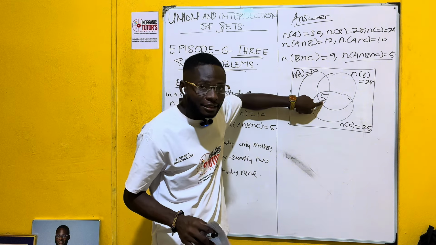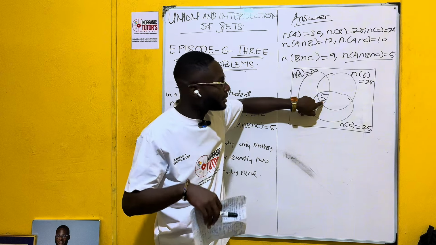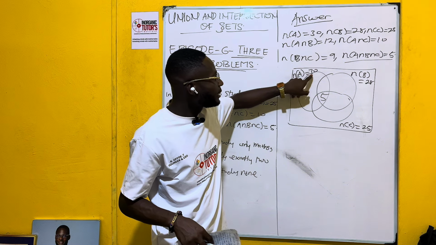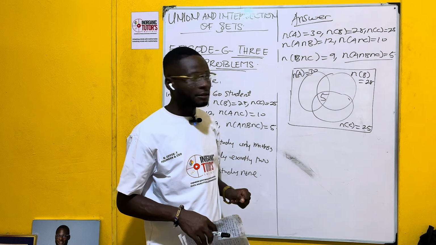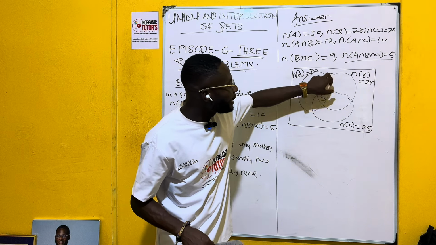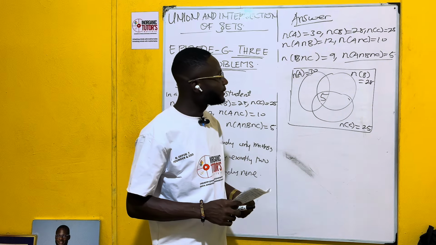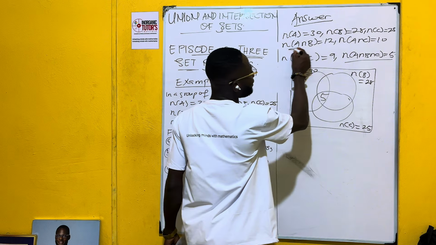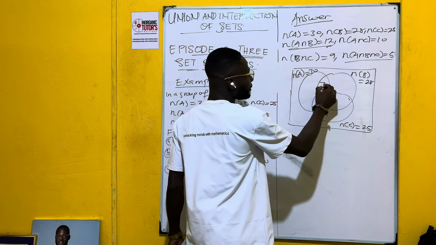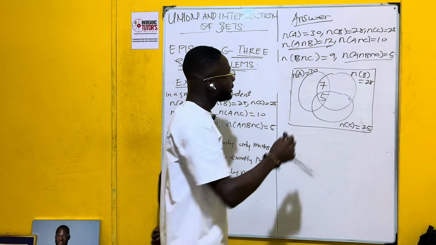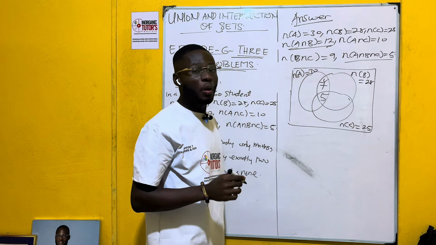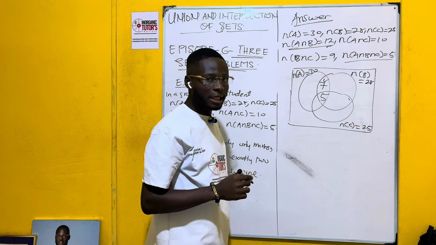You take the element that is common to all the three sets from the number of elements in A intersection B, and we were given A intersection B to be 12. So if you take 5 from 12, you're going to have 7. That is how we get the only section. So this element becomes A intersection B only.